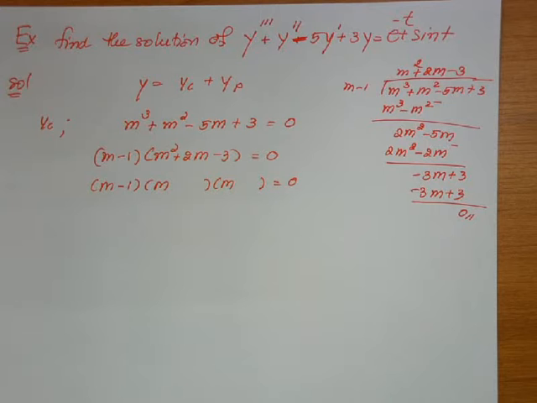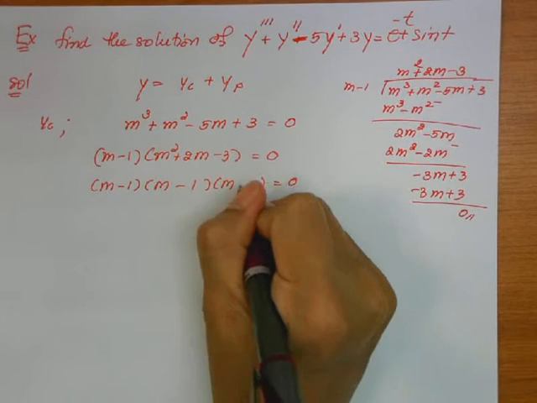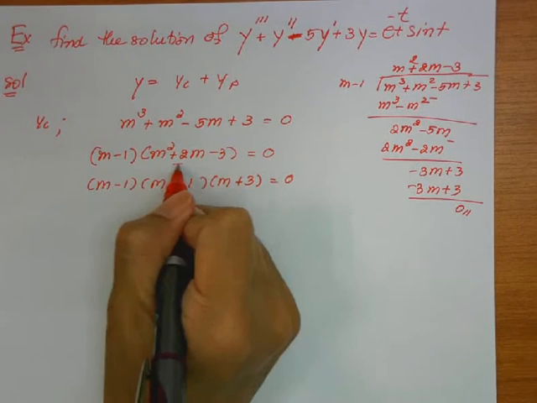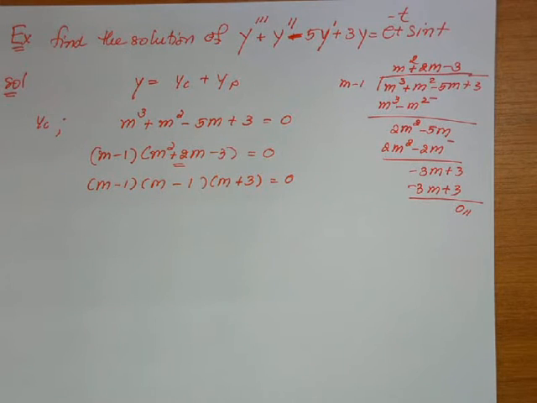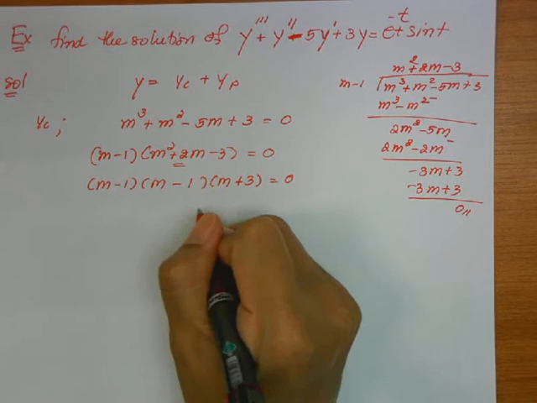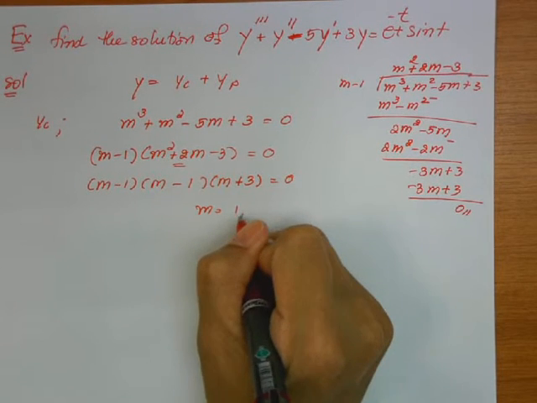Anyone want to go to the exam? Please hurry. What do we get? Plus 3 and minus 1. This is plus 2. Did I make it right? Plus 3, right? So m is equal to 1, 1 and minus 3.